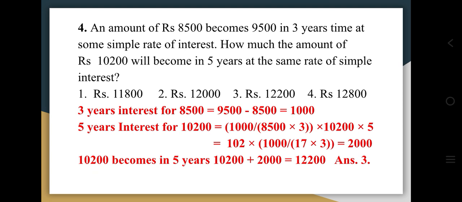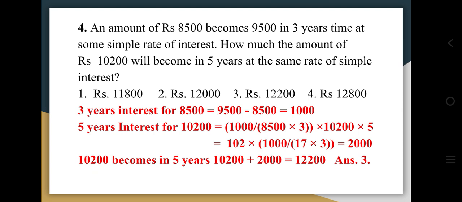So we have to divide 1,000 by 3 into 8,500, then multiply by 5 into 10,200. So 1,000 divided by 8,500 into 3, that whole multiplied by 10,200 into 5.